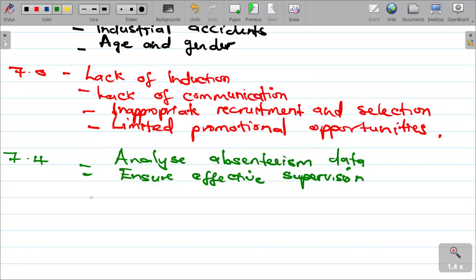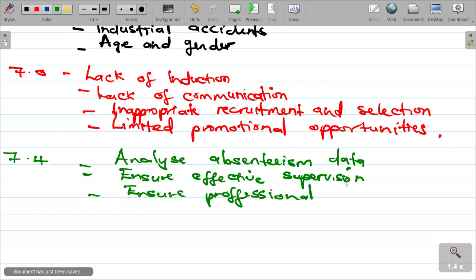They should also ensure professional selection so that the best candidates will be selected.